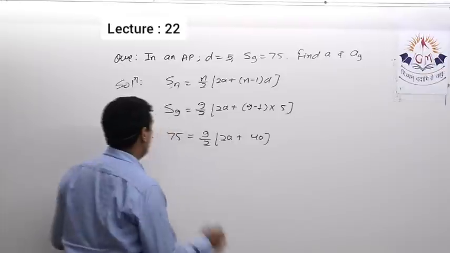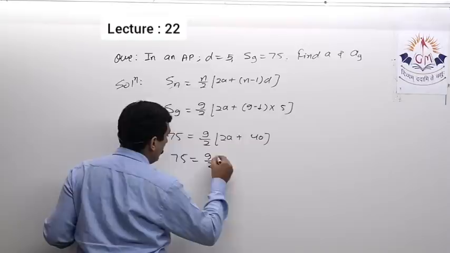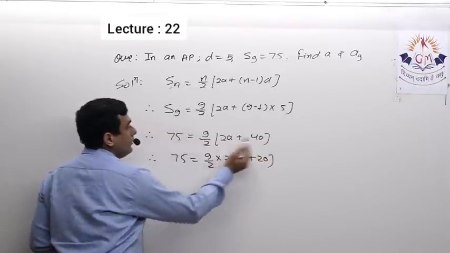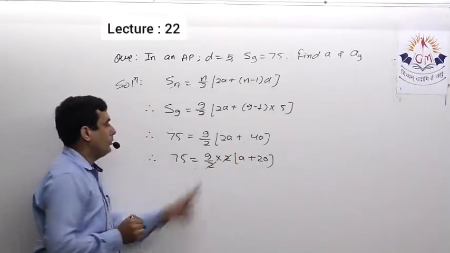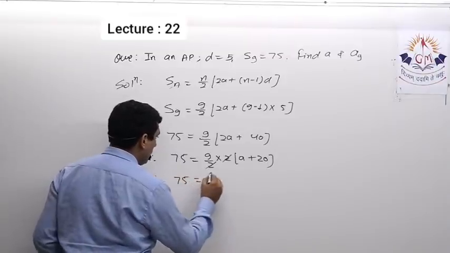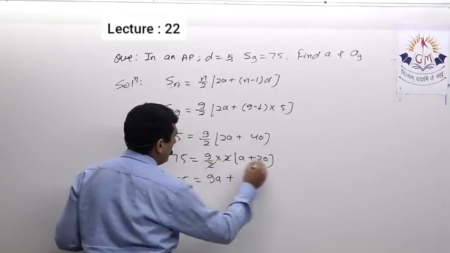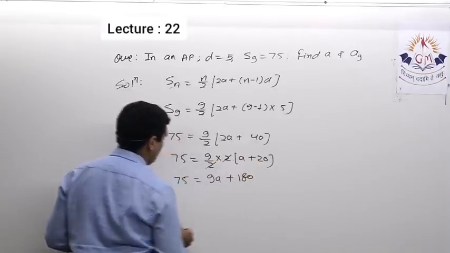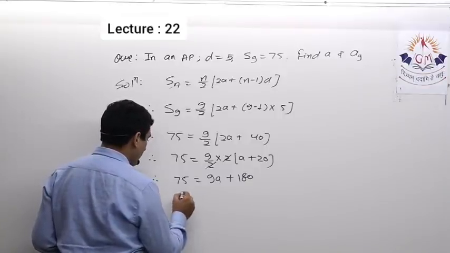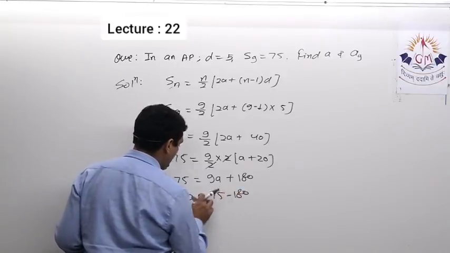So I'll definitely get a. Okay, so here 75 is equal to 9 by 2 into 2a plus 20. What I did, I took 2 common, so that I can cancel these 2. So here I am left with a plus 20. So 75 is equal to 9a plus 9 into 20 is 180. Okay, so 9a is equal to 75 minus 180.